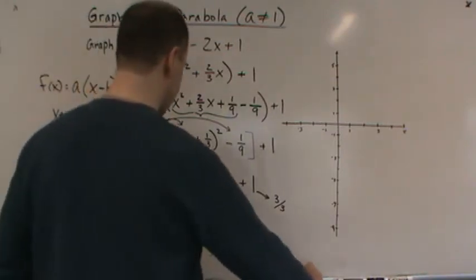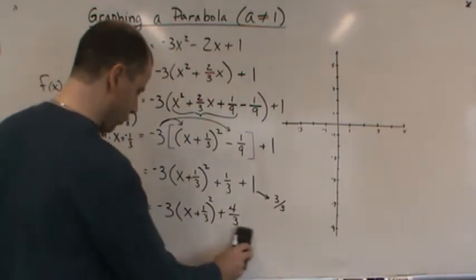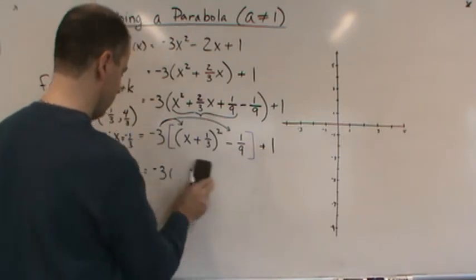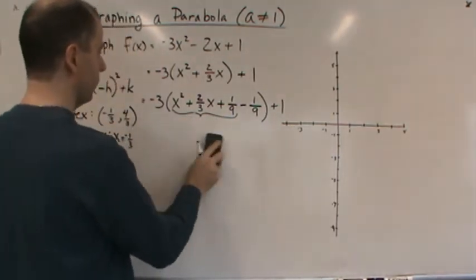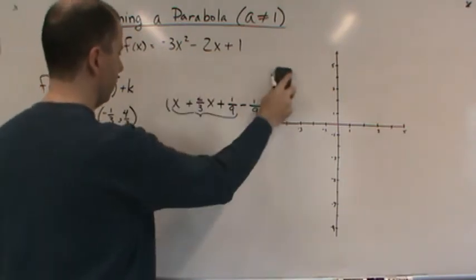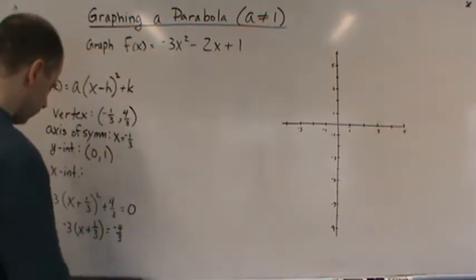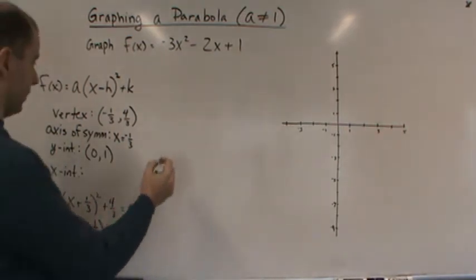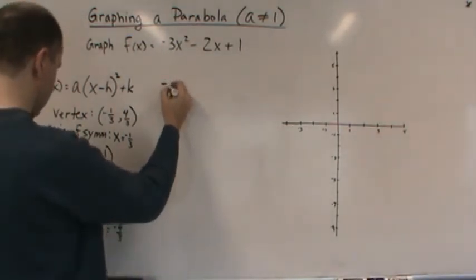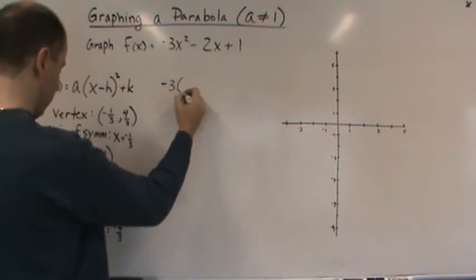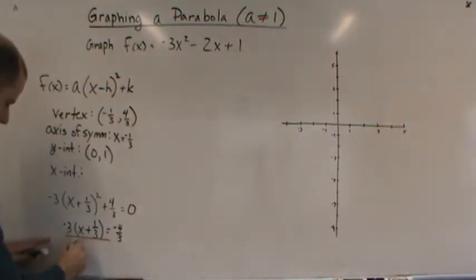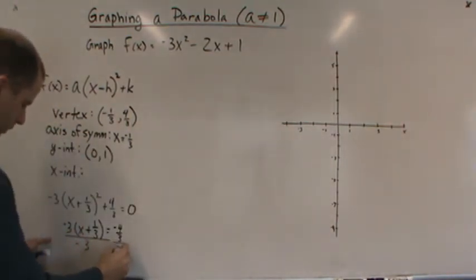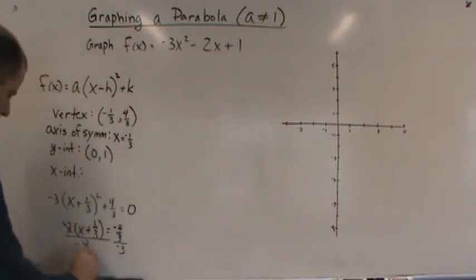So let's erase this. I'm going to erase some of this so I have room to write. Okay, so I'm going to erase this here. And so now what happens is, we're going to divide both sides by negative 3, so what do we end up with?